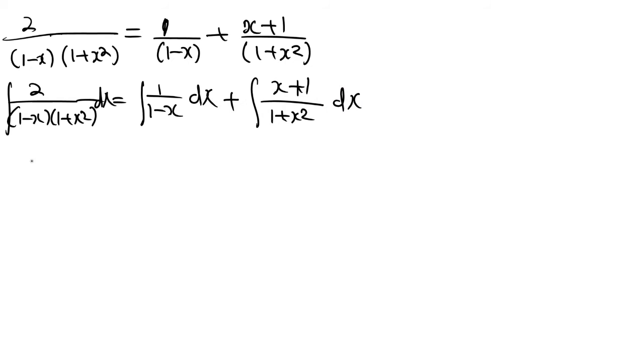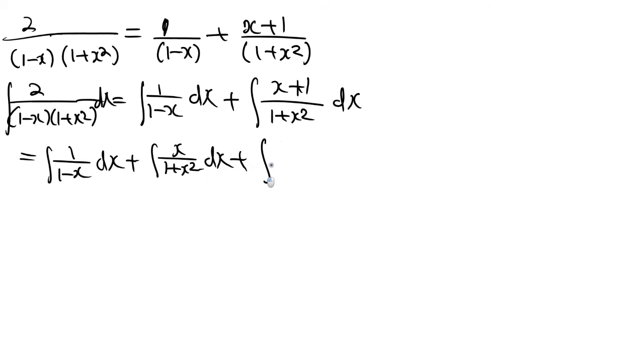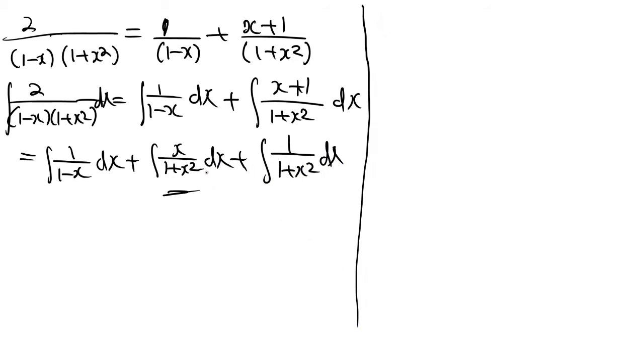You can rewrite it as integration of 1 by 1 minus x dx plus integration of x divided by 1 plus x square dx plus integration of 1 by 1 plus x square dx. Consider the second term, integration of x divided by 1 plus x square.